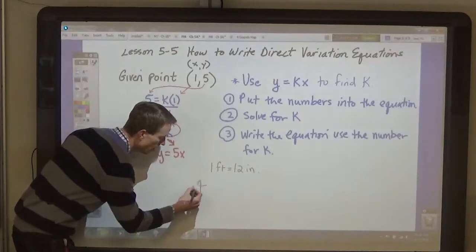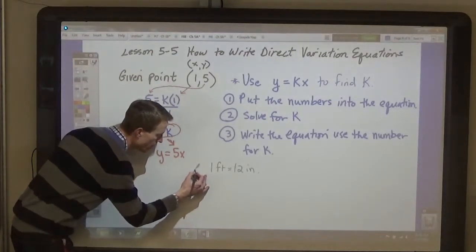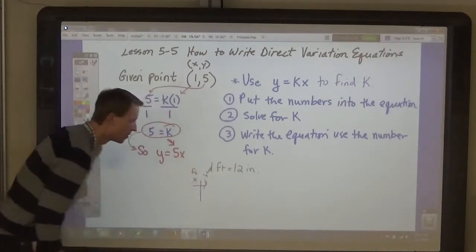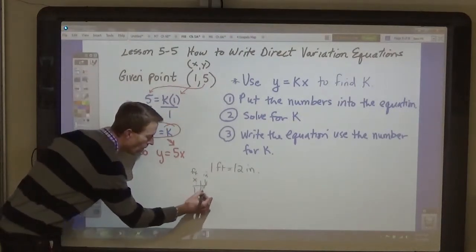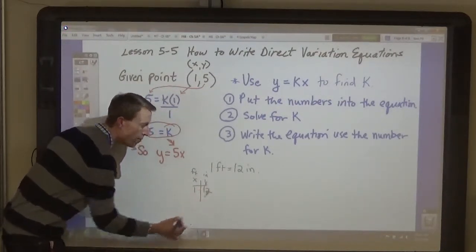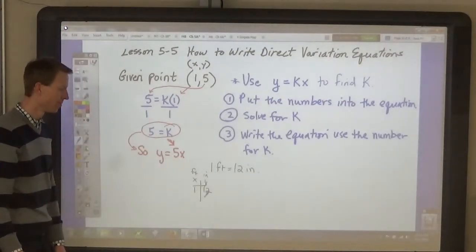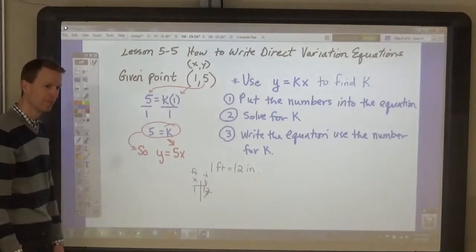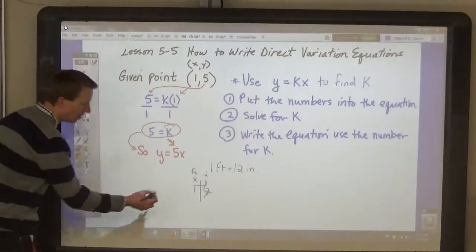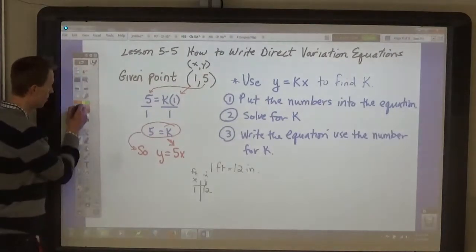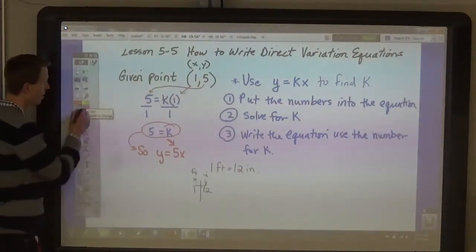If x is feet and y is inches, then 1, 12 is one of our points. So the number of inches equals the number of feet times 12.